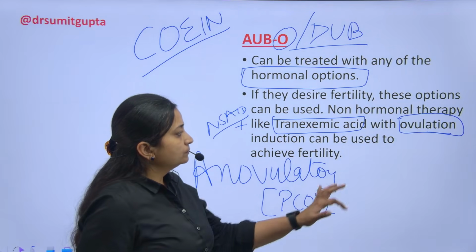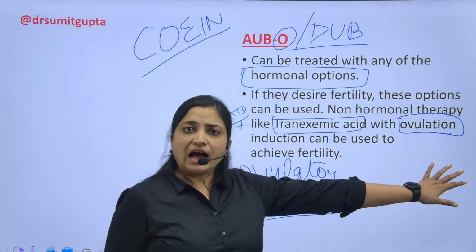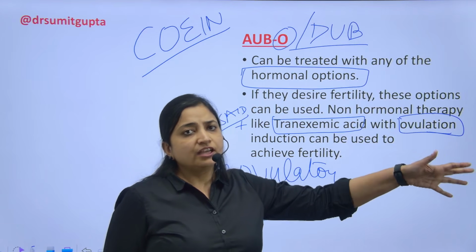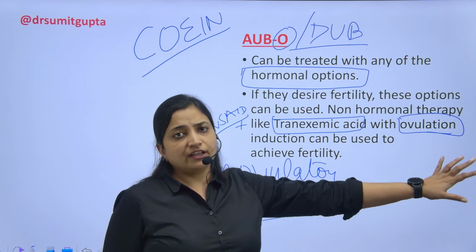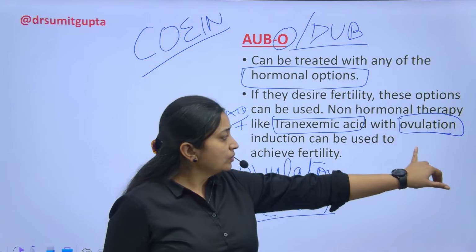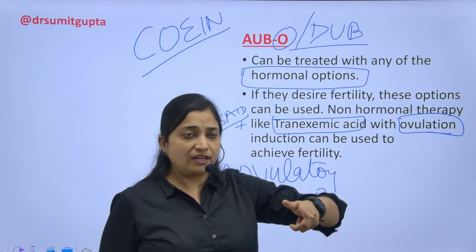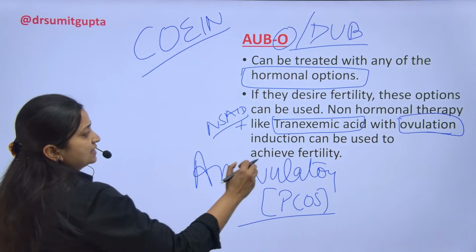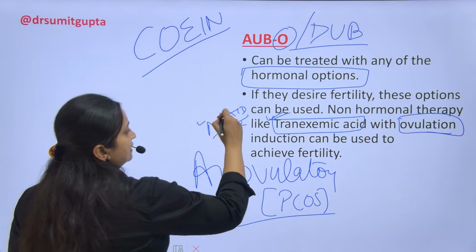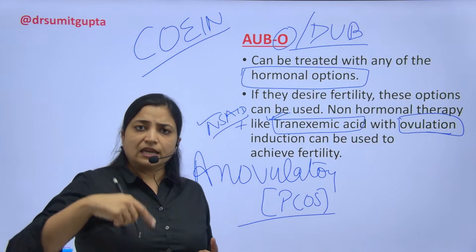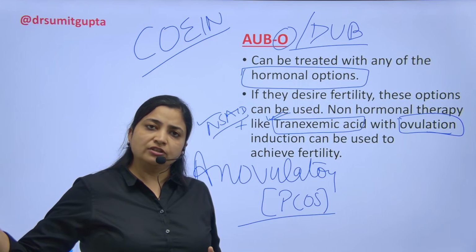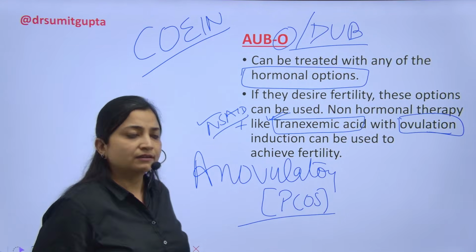So what you do is give ovulation induction and ask her to try for a pregnancy. If she becomes pregnant, fine, but if not, because you are treating with ovulation induction, she will have progesterone in the body. So just add Tranexamic Acid plus NSAIDs during the periods and keep giving ovulation induction for 3 to 6 months, and you will get the results.